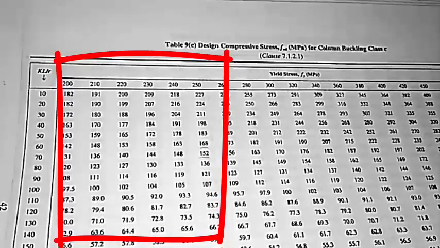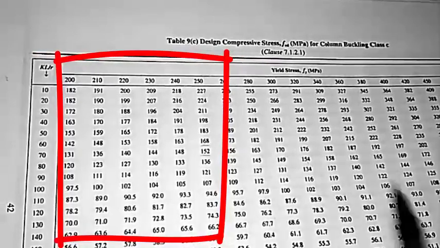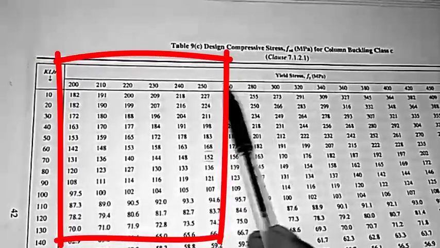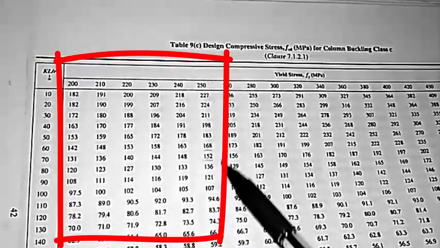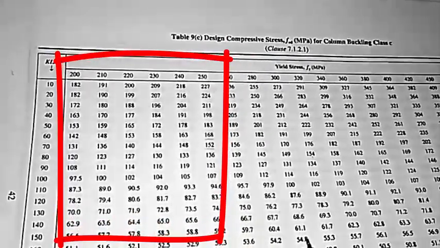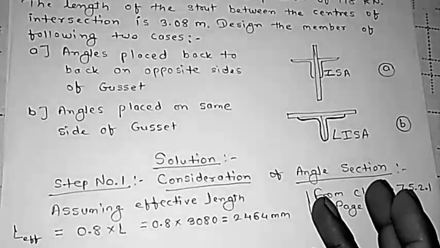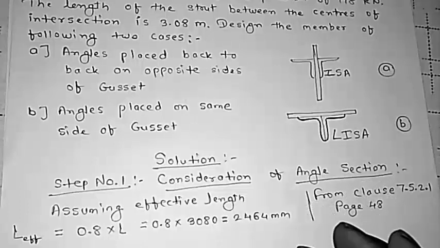So from this, if we consider Fy, the yield stress, of 250, let us assume a 90 MPa stress. So we are just going to assume here.